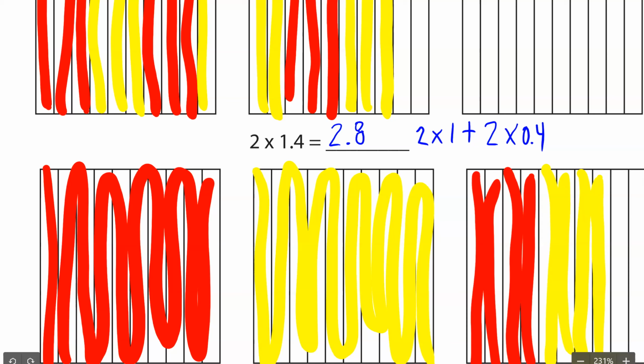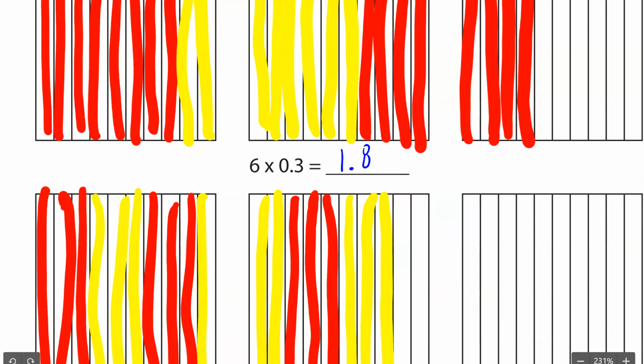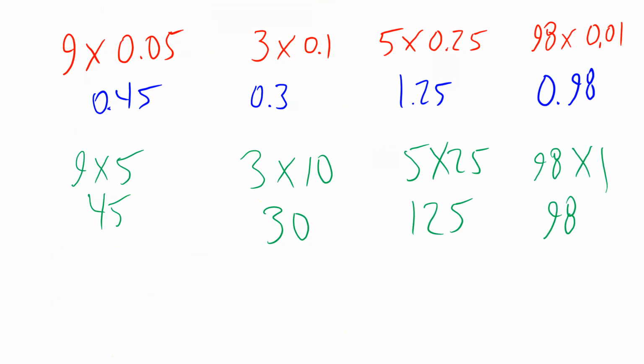So I have a decimal in my problem. I know I'm going to have a decimal somewhere in my answer. Decimal in my problem, decimal somewhere in my answer. My question to you is, is that really that different than what we did before? Because don't we have a decimal in every one of the numbers that we've ever used? Like this one here.